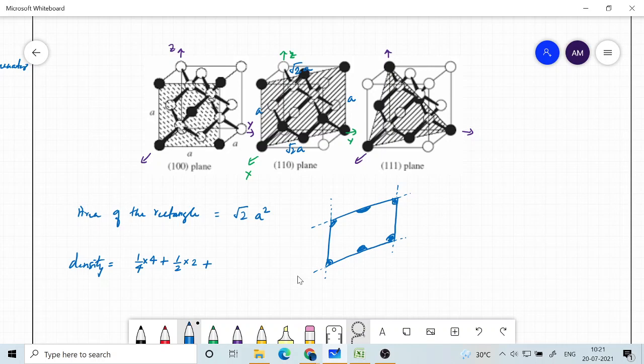Now apart from these, there is an atom belonging to the second FCC lattice, which is going to come into this. So basically this one will be this and the other is this. So this will be exactly on this plane.